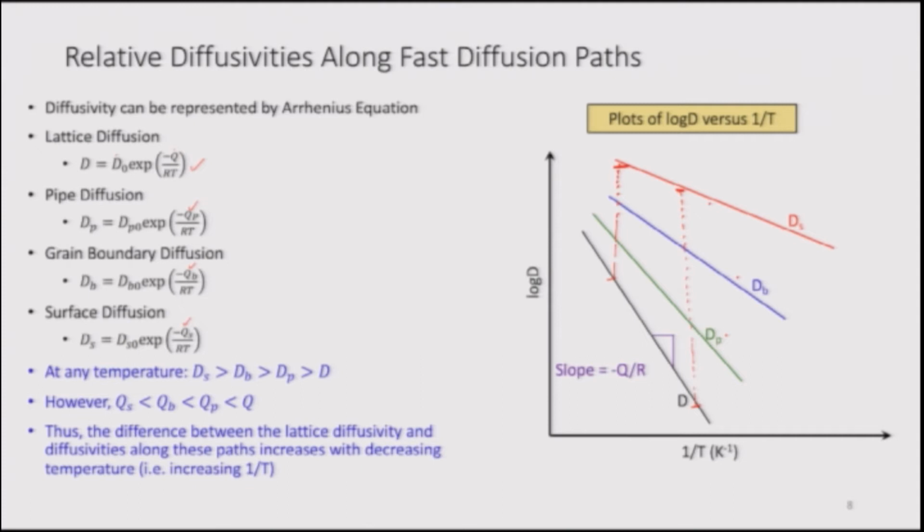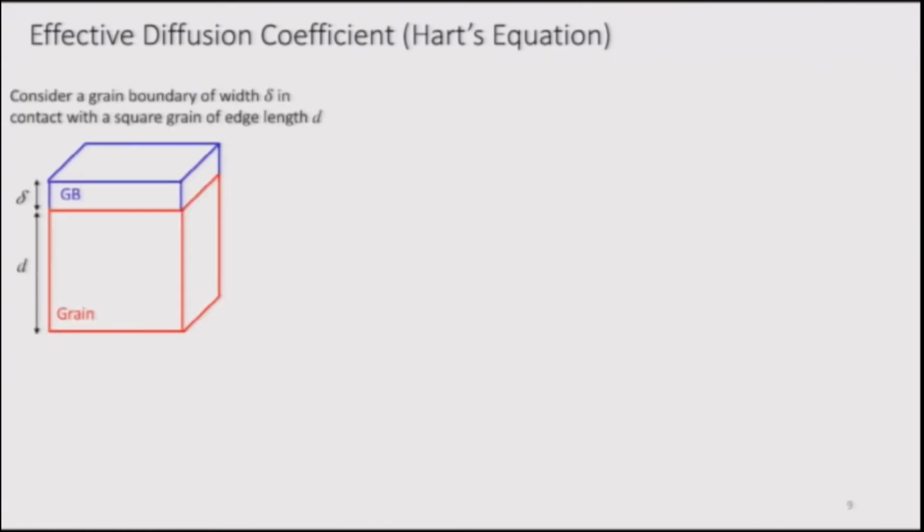Now, let us try to see when the fast diffusivity path can become dominant. So, for that let us try to see the simple model as proposed by Hart, that is the effective diffusivity model. For that, let us consider a grain boundary of width delta. I have shown the grain boundary by this blue box here, and it is in contact with a square shaped grain.